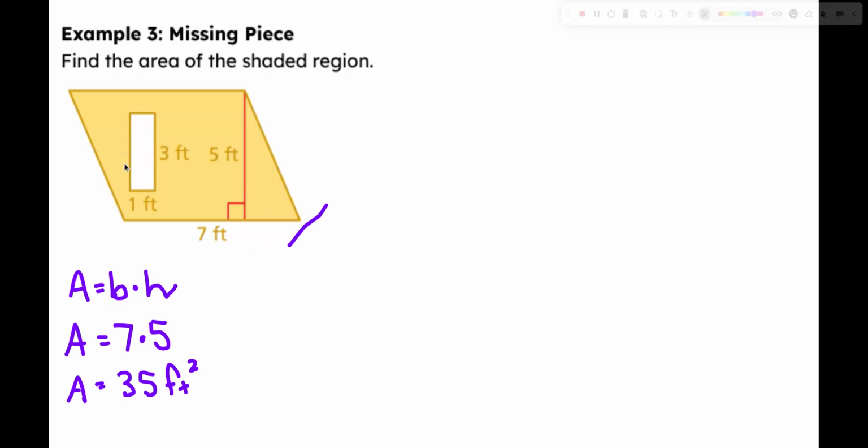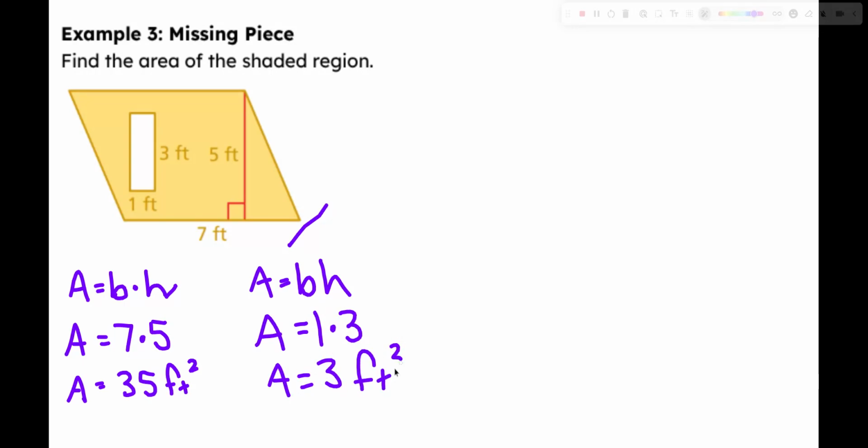And for the little rectangle, again, area is base times height, so area is 1 times 3, which is 3 feet squared. Then I'm going to do 35 minus 3. So the total area of the shaded region is 32 feet squared.